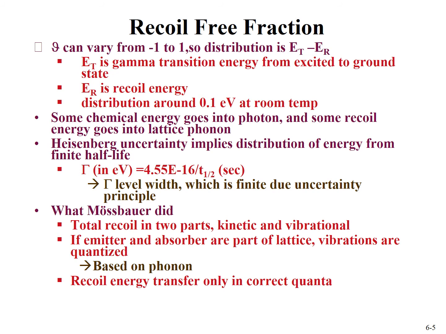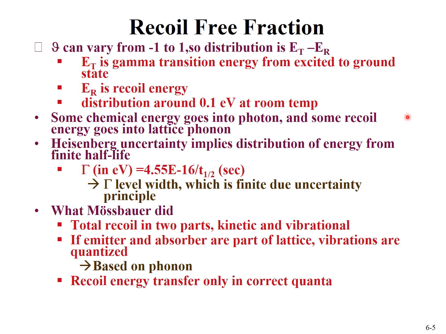So with this recoil-free fraction, we can have a distribution of energies from the gamma, a transitional energy from the excited state to the ground state, and the recoil energy. So we can have a range of these energy differences. Nominally, these are very small, on the order of eV at room temperature.